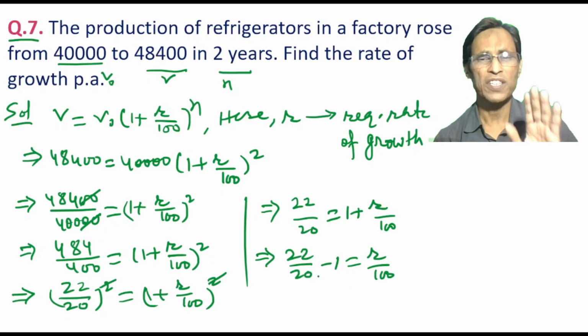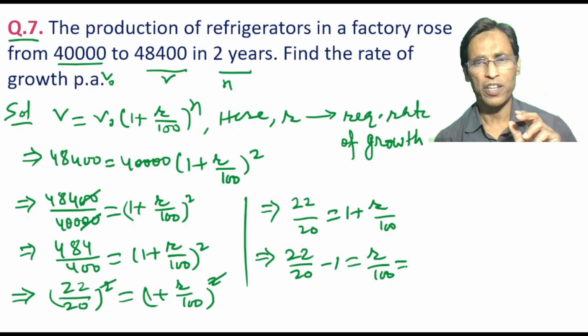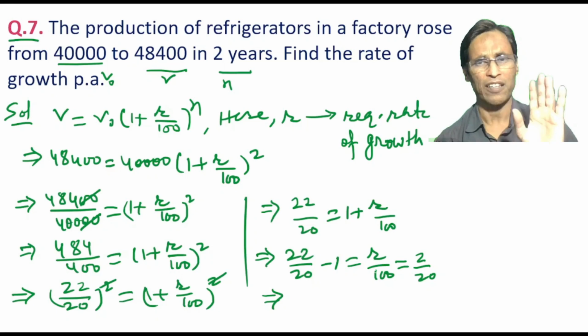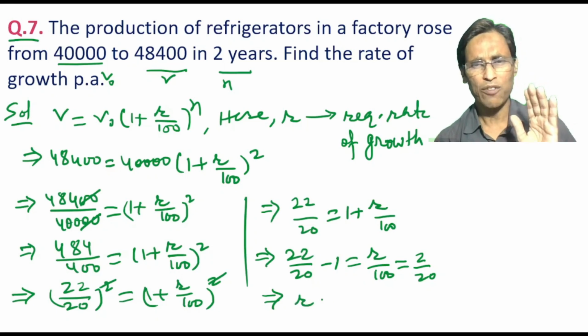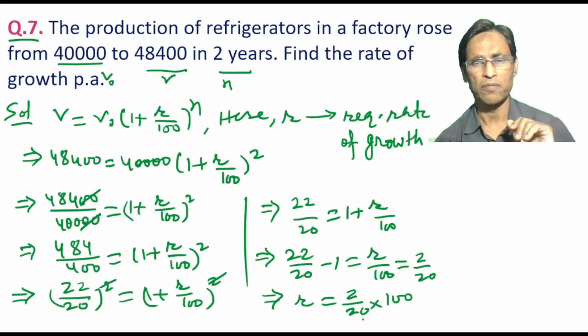On further simplification, the LHS becomes 22 by 20 minus 1, that is 2 by 20. Therefore, we solve the equation R by 100 equal to 2 by 20 for finding the value of R, and therefore R will be equal to 2 by 20 into 100.